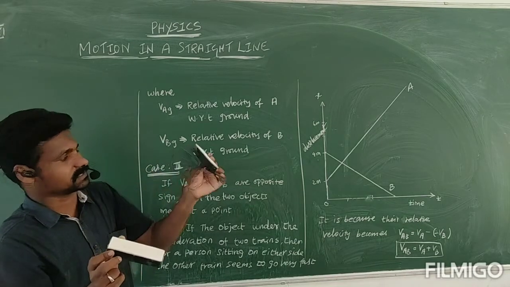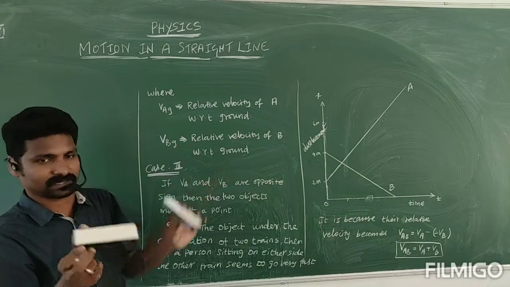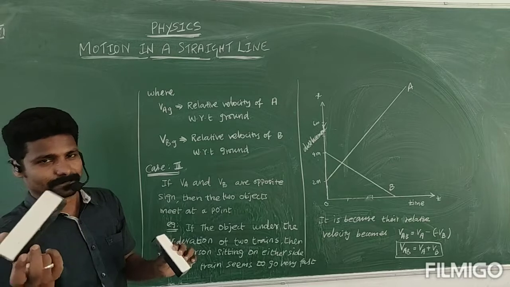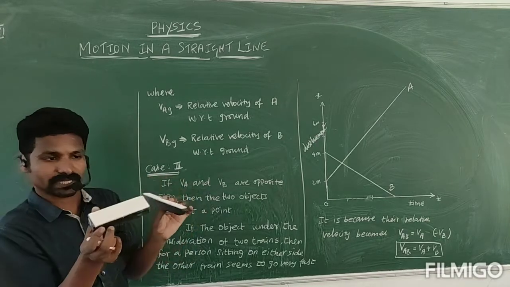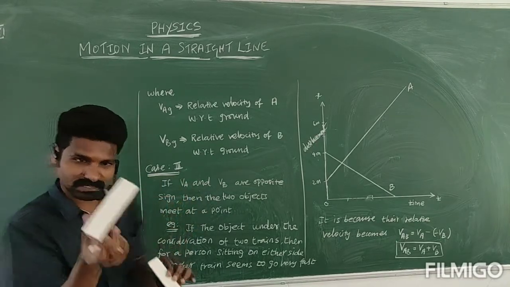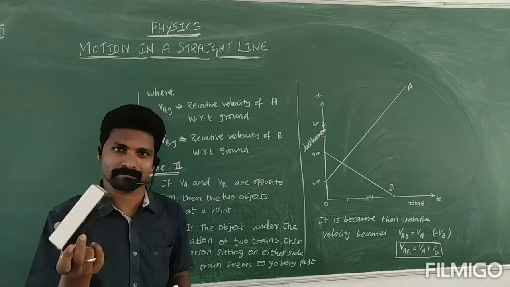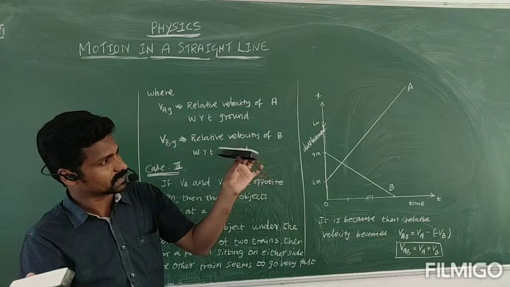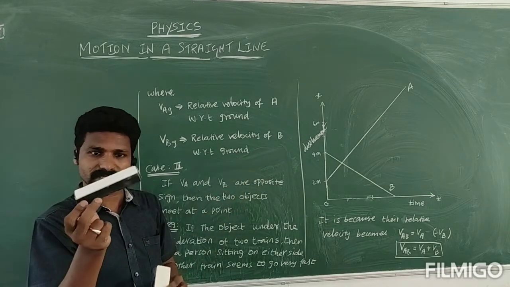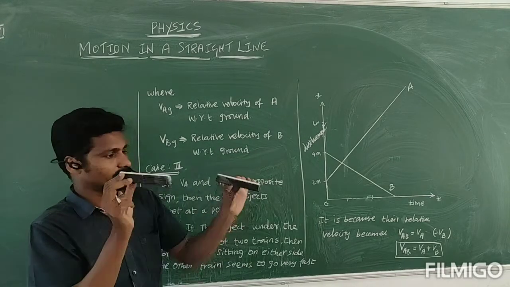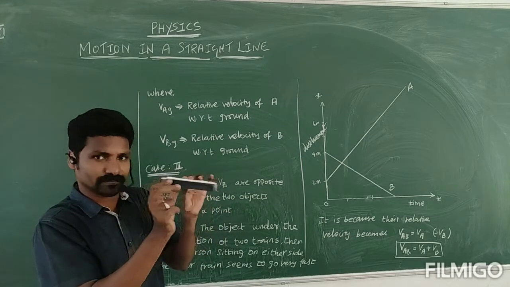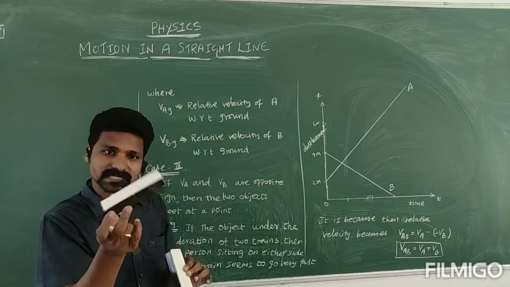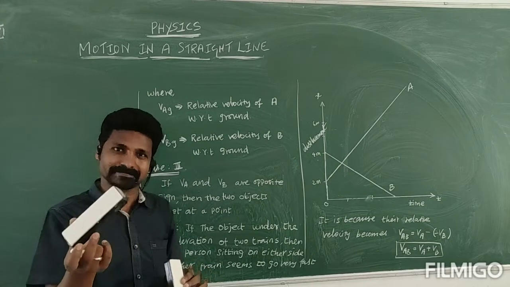Actually, VA bus speed is, for example, 50, and this one, let's take 75. But while crossing, you feel the speed of the bus is only 25 km per hour. Actually this bus speed is 50, and this bus speed is 75, but while crossing you feel it is only 25.